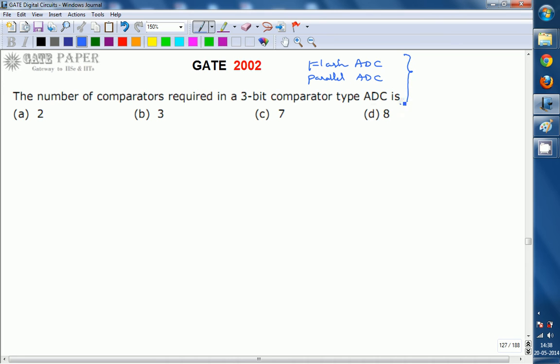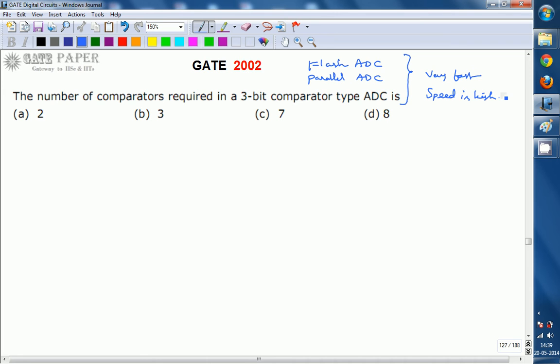The important characteristic is that its response time is small, so the propagation delay is small and the speed is high.